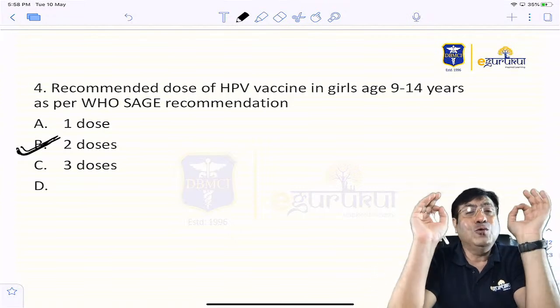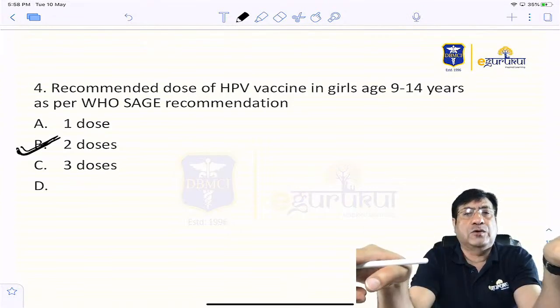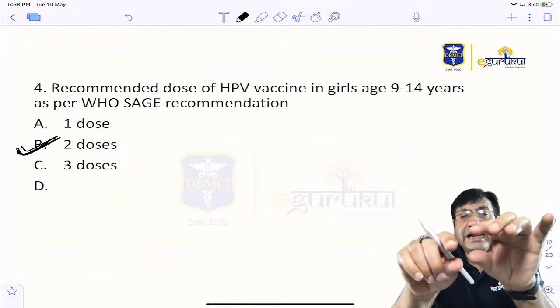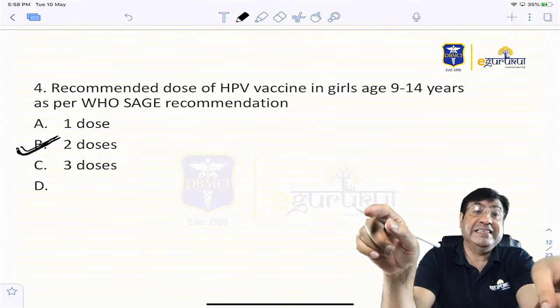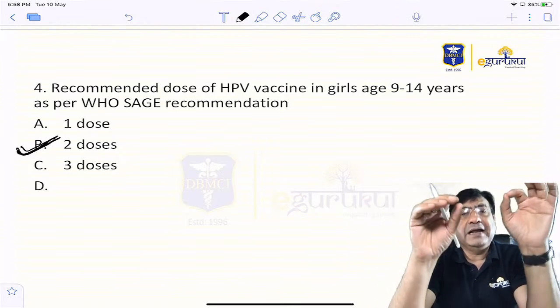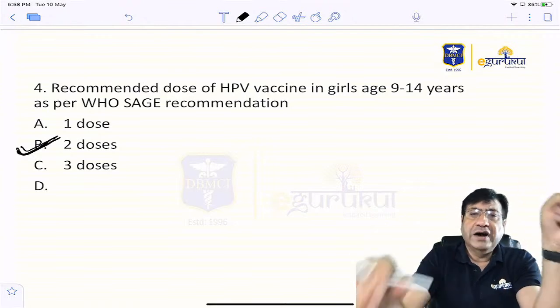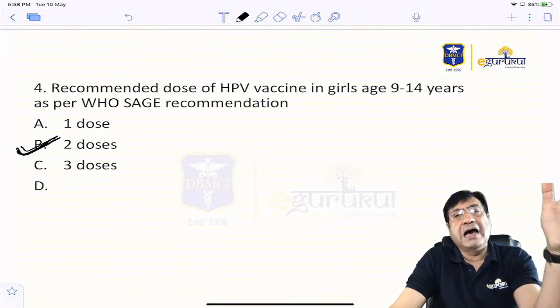Again, I do not exactly know the language of that question, so I'm going by what the student said. A slightly different language might change the answer also. But according to this language, a 1-dose and a 2-dose schedule are comparable.